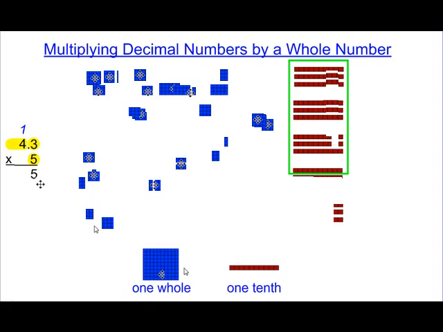So looking on the left-hand side, we are going to have 4 wholes, 4 ones, multiplied 5 times. We can't forget about the one that we traded in. And this one, what we're actually going to do is add it to the product of 4 and 5. So 4 wholes, 4 ones times 5.